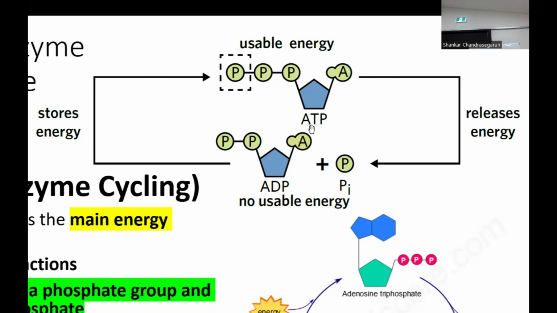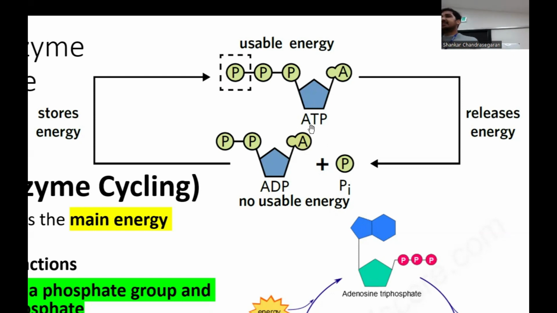Okay. This coenzyme then binds to the enzyme, releases that energy by giving away that one phosphate group, becoming adenosine diphosphate. Remember di and tri. These suffixes are referring to the number of phosphates, right? Triphosphate is when it has energy. Diphosphate is when it's given the energy away.